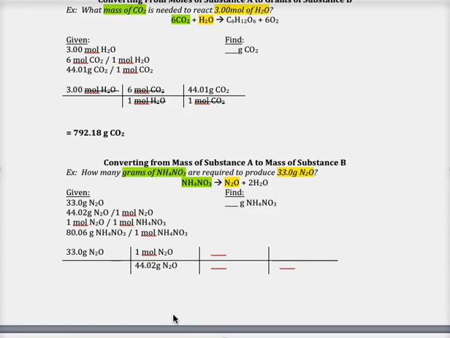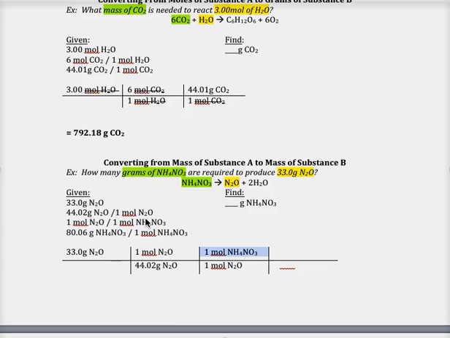Now I'm in units of moles of N2O. I need to find another ratio that contains N2O. Here it is. Here's 1 mole of N2O for every 1 mole of this NH4NO3. So this number, 1 mole N2O, goes on the bottom. This other species will go on the top.